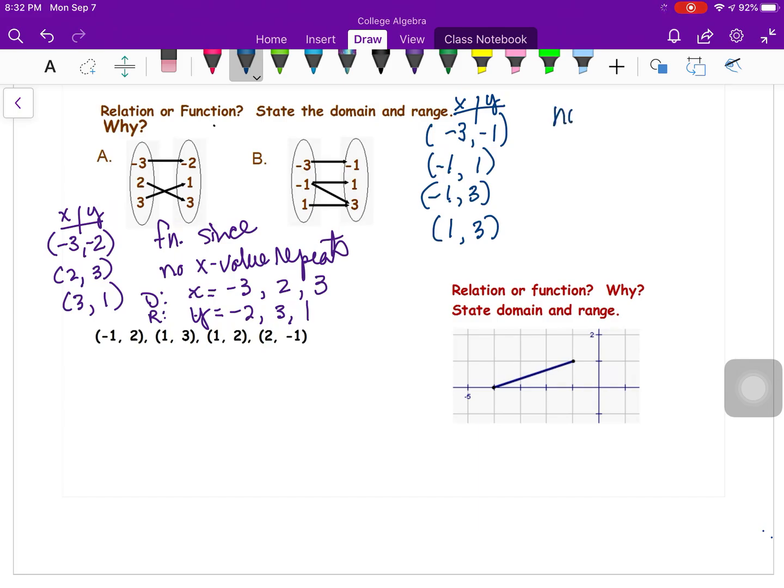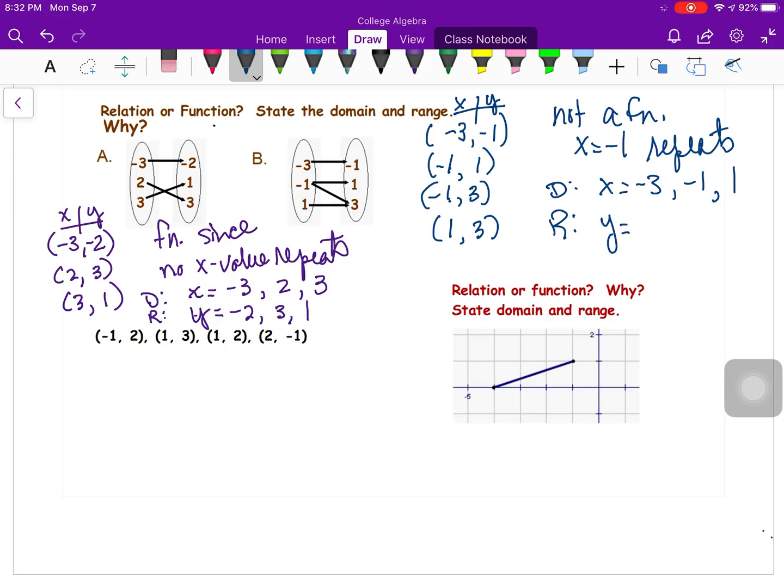Oh, not a function. X equals -1 repeats. That is why it is not a function. The domain, X equals -3, -1, and 1. Range, Y equals -1, 1, and 3.